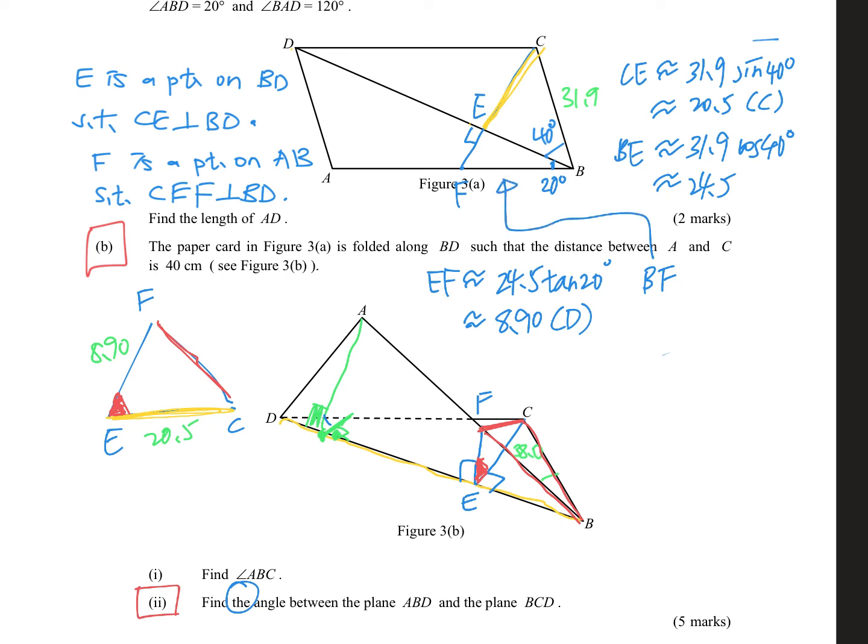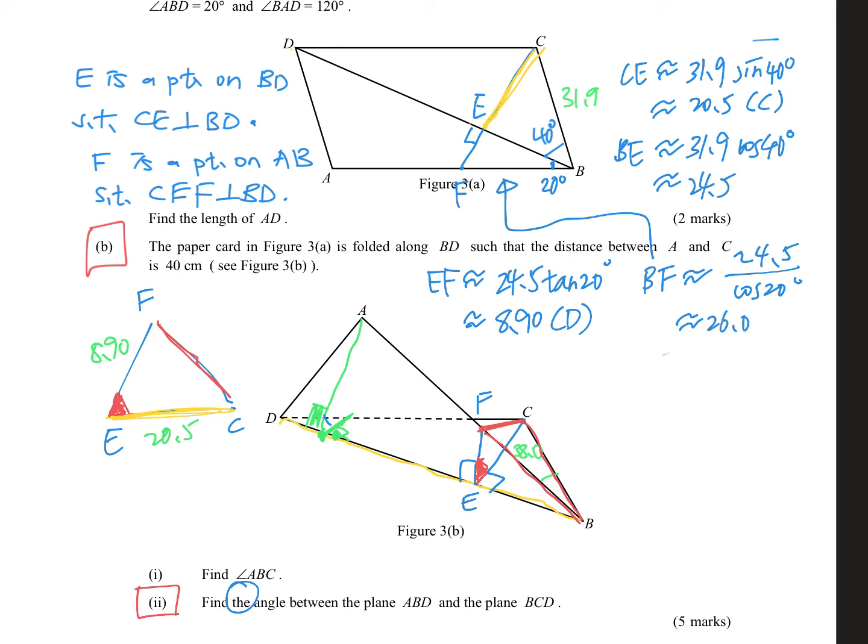Just now we have BE, which is 24.5, over cosine 20. So that will be 26.0.